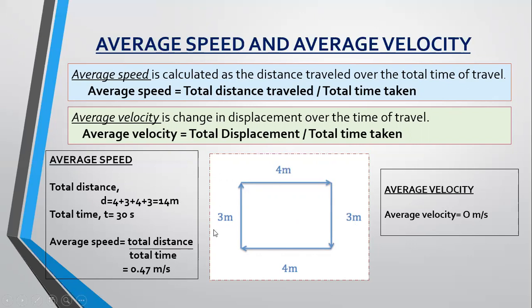We will use the formula average speed is equal to total distance by total time, where my answer is going to be 0.47 meter per second. So now you can easily understand that this is going to be the actual value, 0.47 meter per second. This value is not giving us any idea of what happened between the starting and ending point.